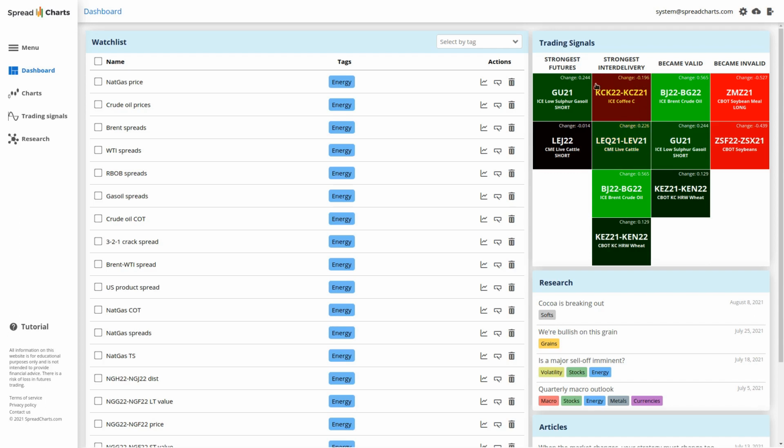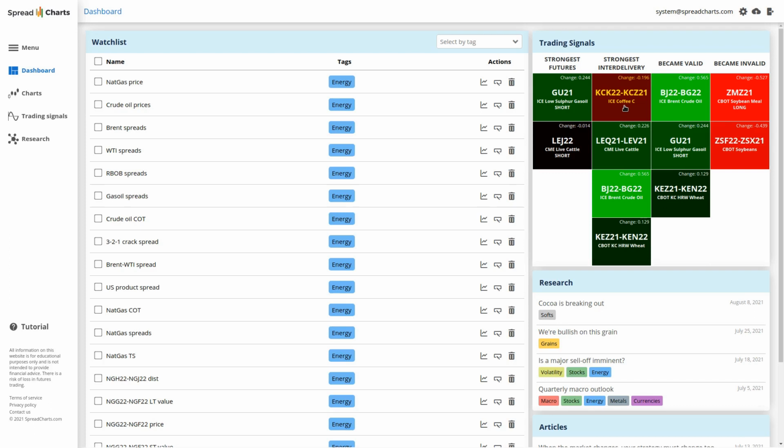For example, this one is a bear spread because it is long the more distant contract, and short the near contract. So we are using the same bull bear notation even in the signals themselves or across the app. So this is just a quick explanation.